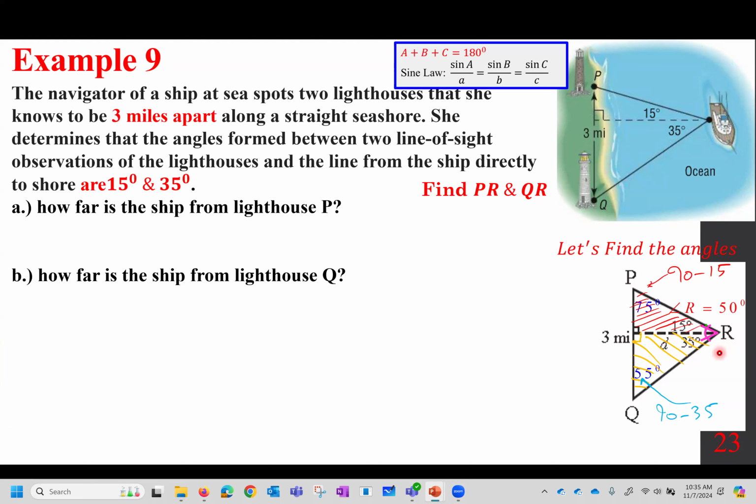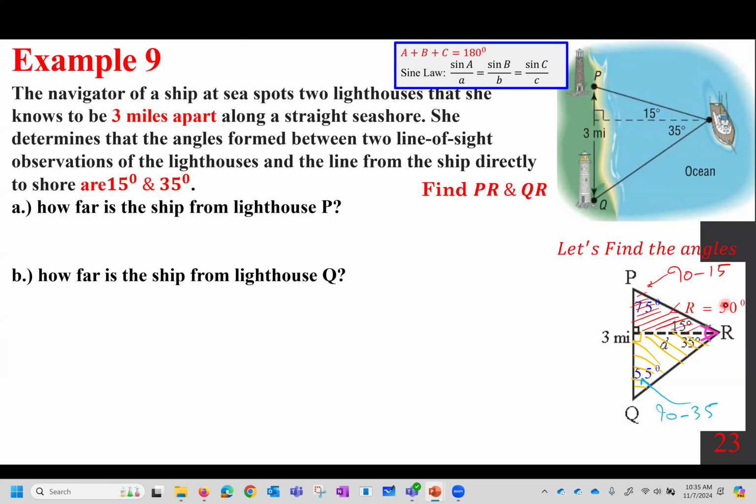So I hope everybody's comfortable with what we just did. Let's quickly recap because I want to make sure you're comfortable with that. So what we are saying is, this is 15, this is 35. So this one is 90 minus 15 and it's 75. This one is 90 minus 35 and it's 55. And this one adds up 15 and 35, 50 degrees.